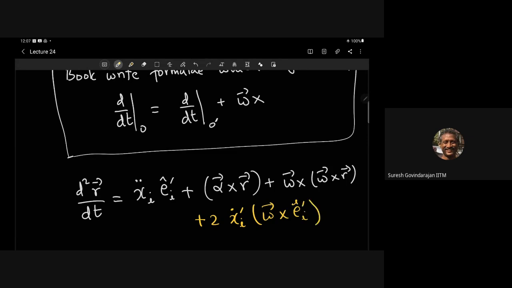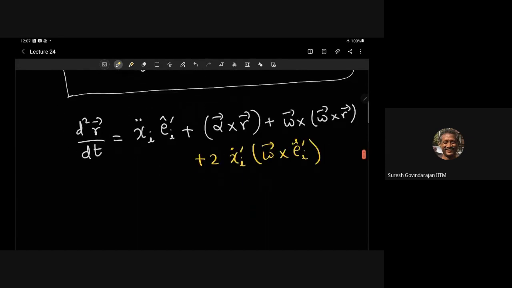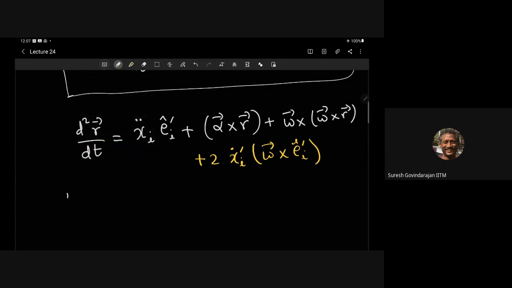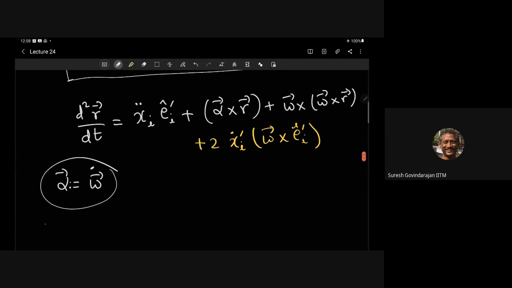Okay, so this is what we get, and I have to tell you what alpha is. It's the rate of change of omega. Okay, so it's the angular acceleration of the frame.